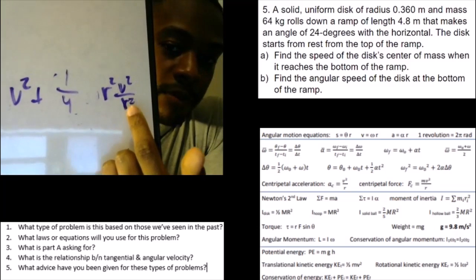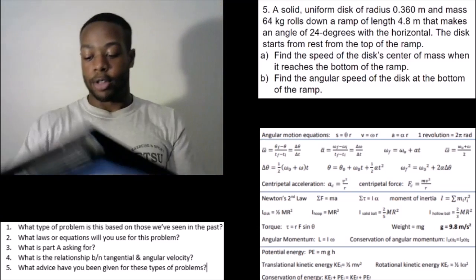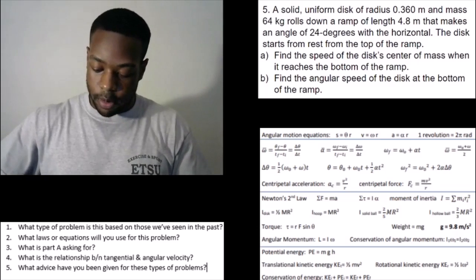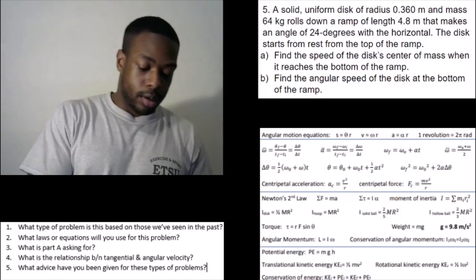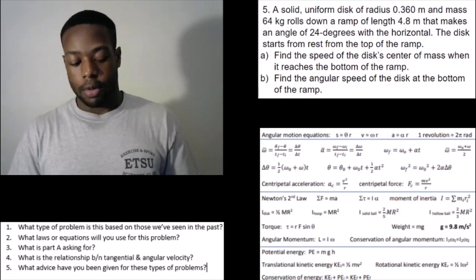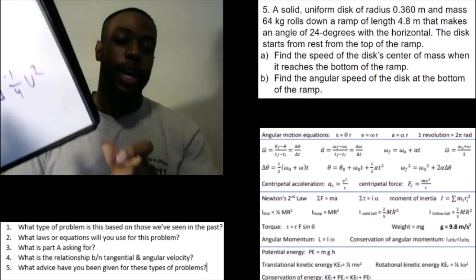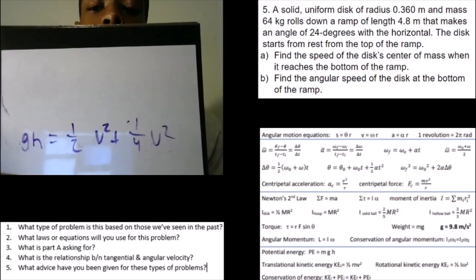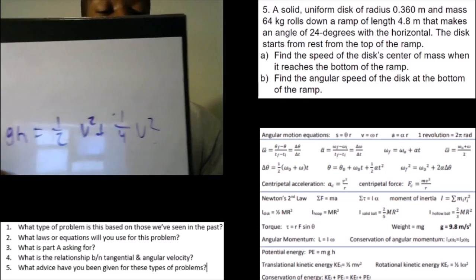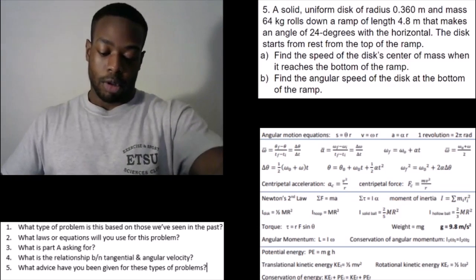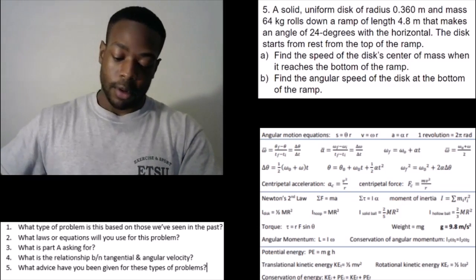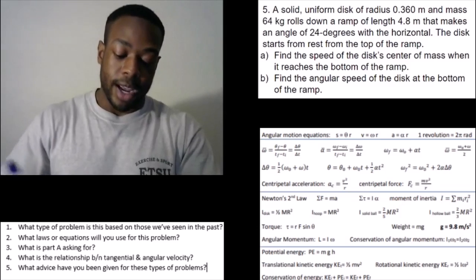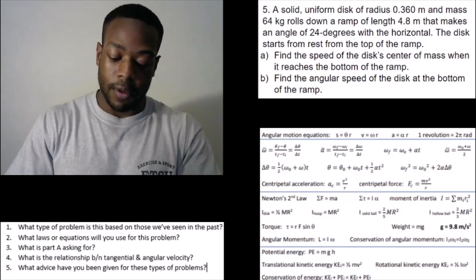We're going to cancel out both those r squares. So now we've got GH equals 1/2 v squared plus 1/4 v squared, right? So 1/2 plus 1/4 is 3/4. So we've got GH equals 3/4 v squared.